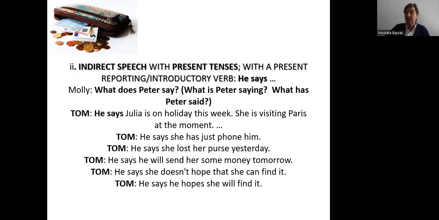He says she has just phoned him. Yeah, do you see the first change here? For example, originally, "she has just phoned me," Peter said, but here, although it is "he says" in simple present tense, he says she has just phoned him, because Tom is the reporter here. And there are no quotations.